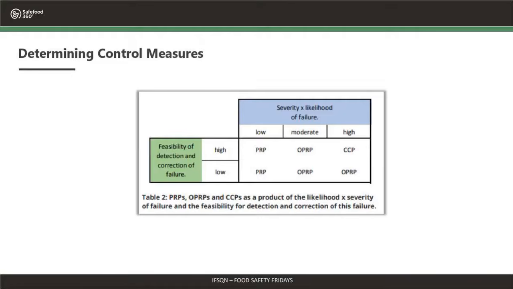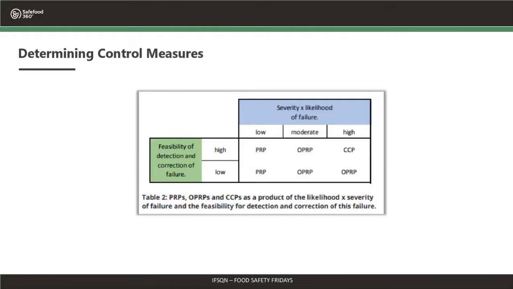So severity times likelihood of failure, and then on the left side, feasibility of detection and correction of a failure. So fundamental to understanding the CCP and/or OPRP classification is that ISO distinguishes between two levels in assessing severity and probability. The first level is focused on assessment of hazards, and the second is focused on the assessment of the failure of control measures.